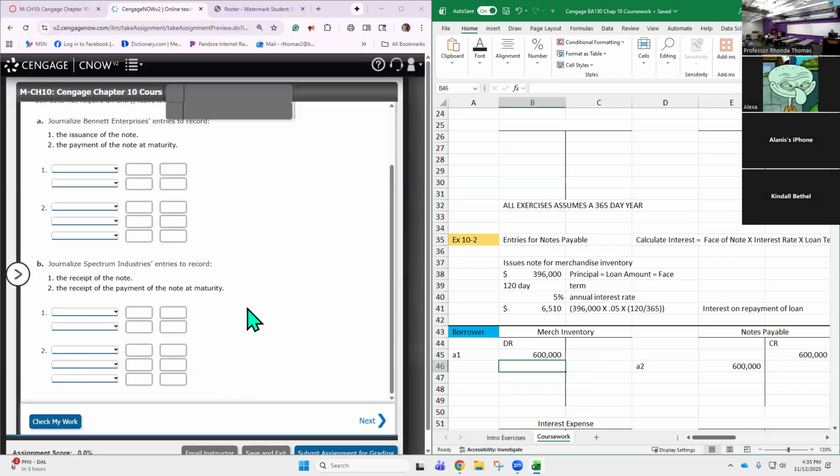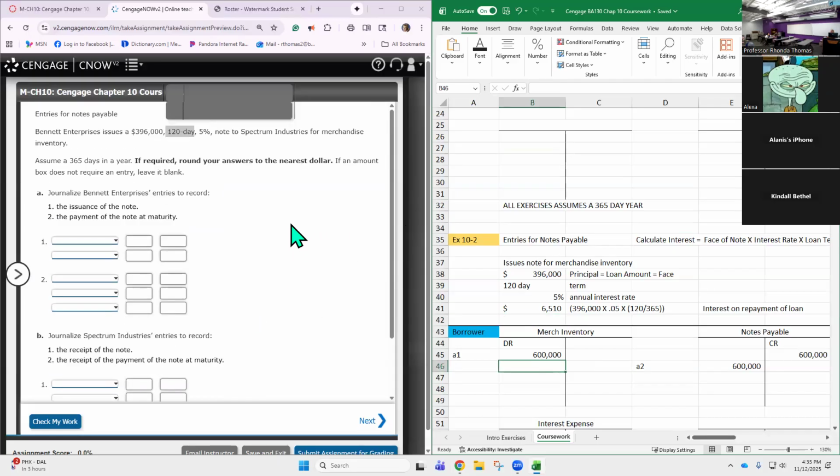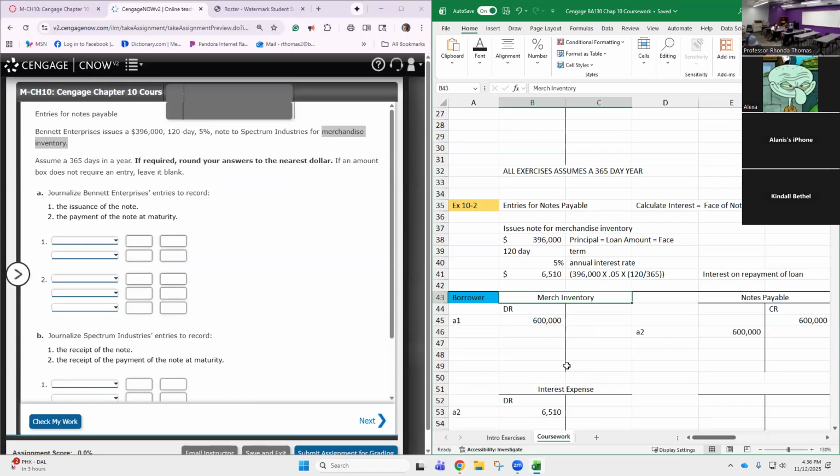So the borrower, we're now going to do this note for merchandise inventory. So we've got that on our books in a T account. So we're going to put 396,000 here in merchandise inventory.